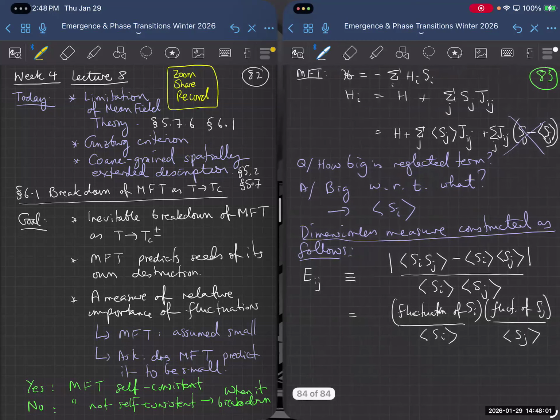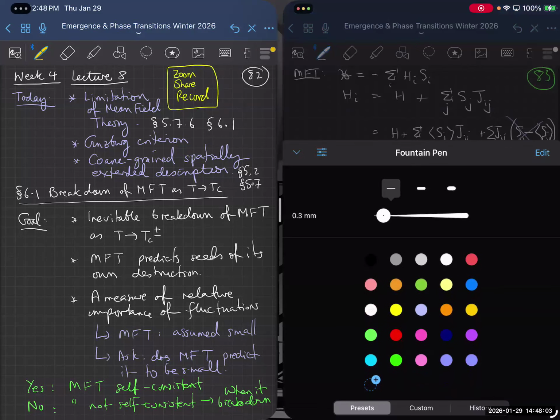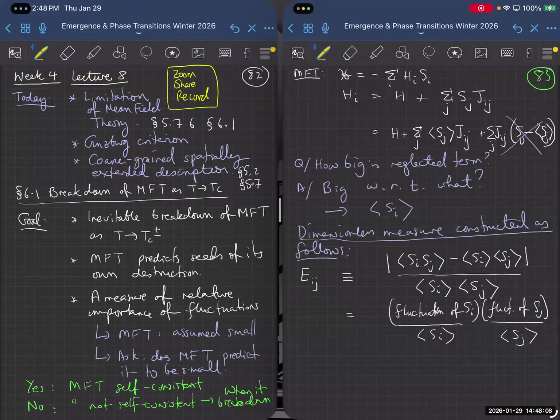Now, why do I think of it like this? Well, the rationale is that if I'm ignoring fluctuations, then the thing I'm actually interested in is the correlations.